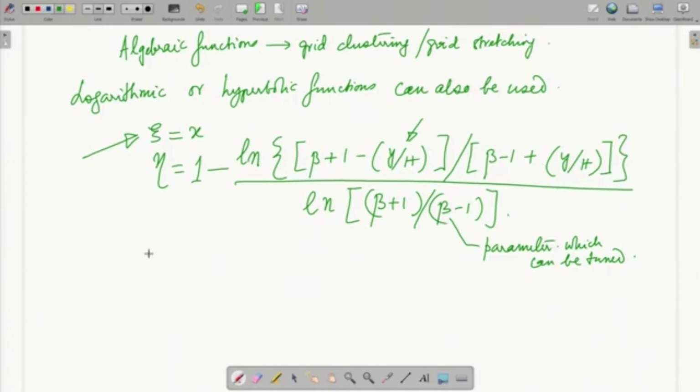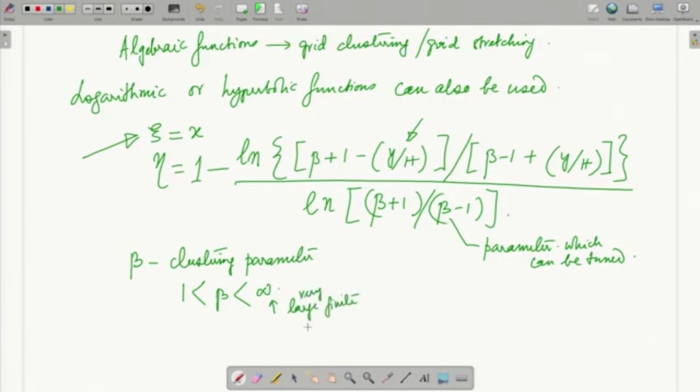Now, this beta parameter is often called a clustering parameter. And it can be within a range like this, infinity in the sense a very large value in practical calculations.